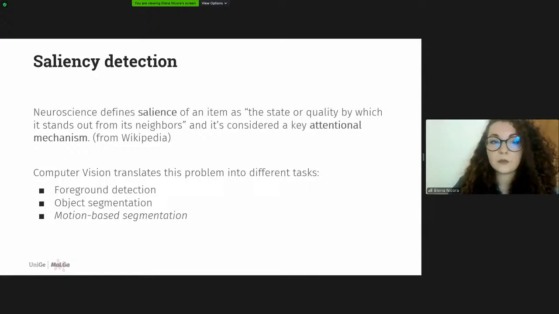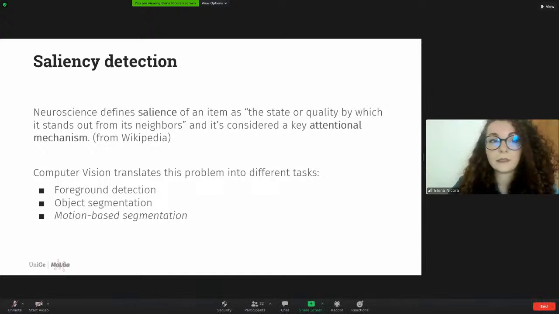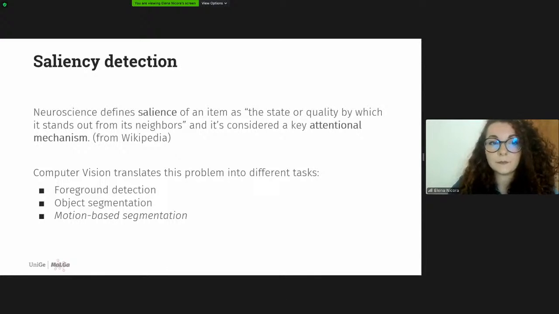And this relates to the definition of the saliency of an item, which neuroscience defines as the state or quality by which this item stands out from its neighbors. And of course, this is related to the visual sensory systems, but also to all other sensory systems.